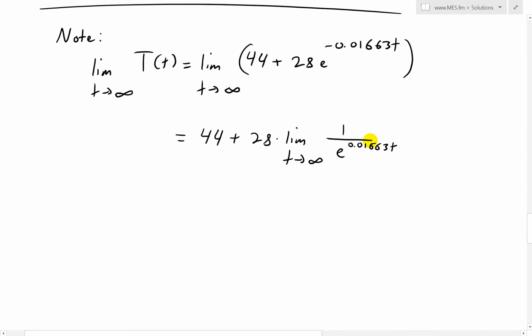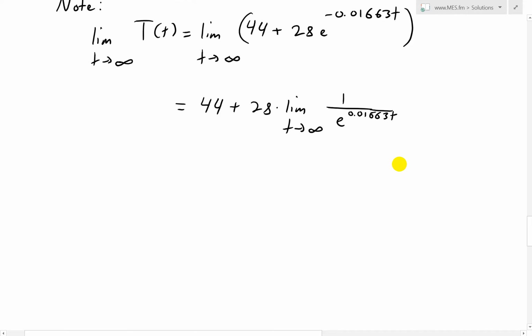Now when you take the limit over this one, this is e to the power of a number as t goes to infinity, so e to the infinity is going to infinity. So we have 1 divided by infinity, and 1 divided by a large number approaches 0.